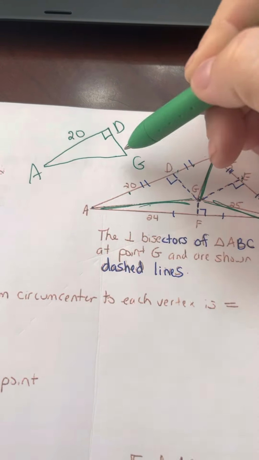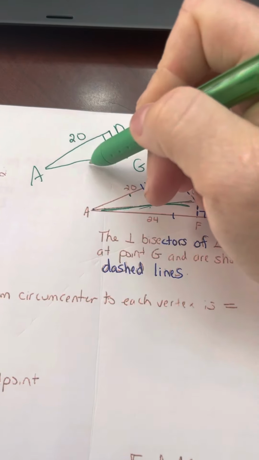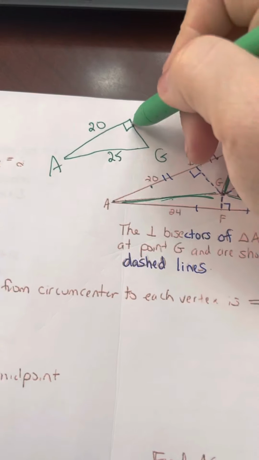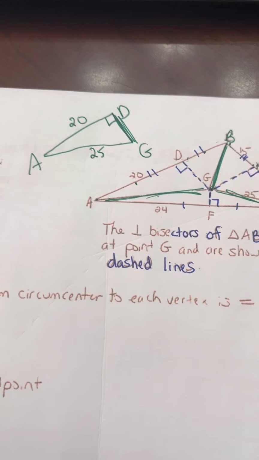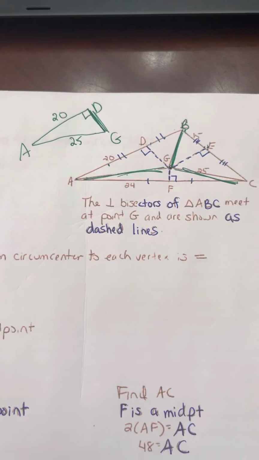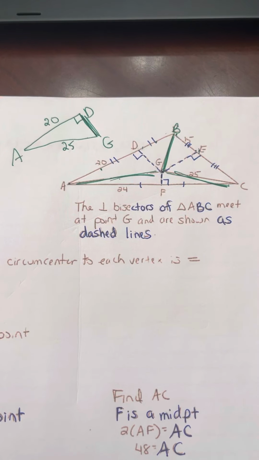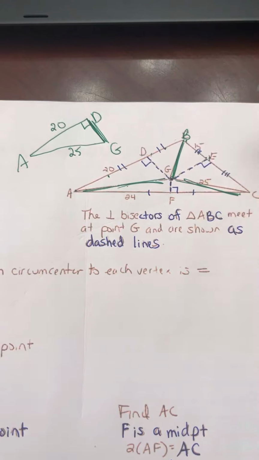We also know that this green segment is 25. You could use the Pythagorean theorem and figure out that one unknown side. So everything that's going on in this picture, you can figure out all of those lengths only by given a small amount of information. If you need help with these kinds of problems, of course, I can help you with it. And I believe that's the end of our notes.